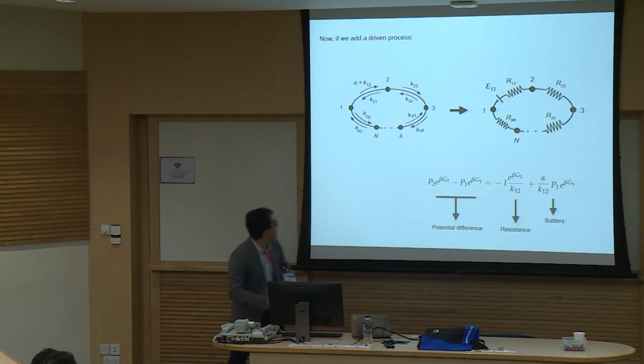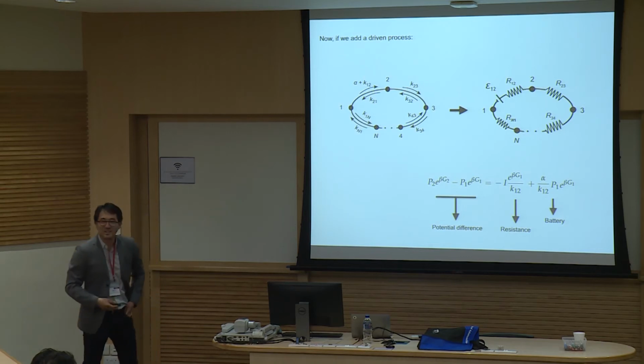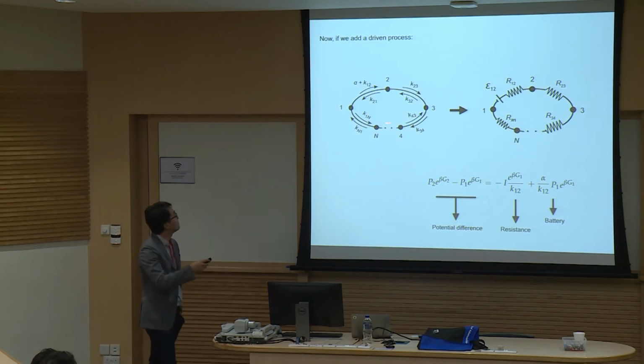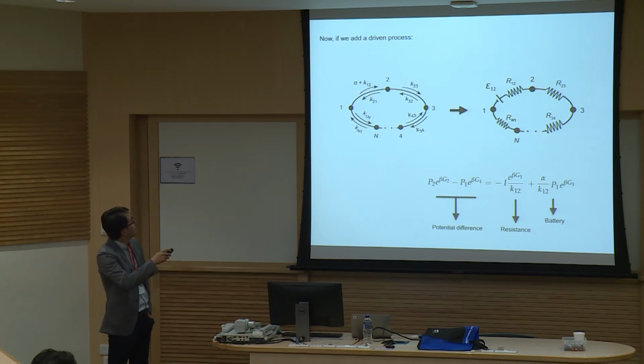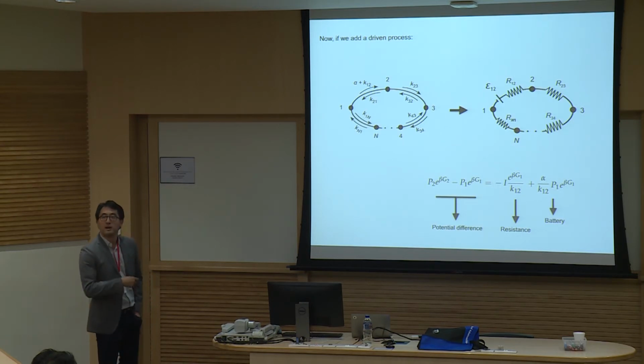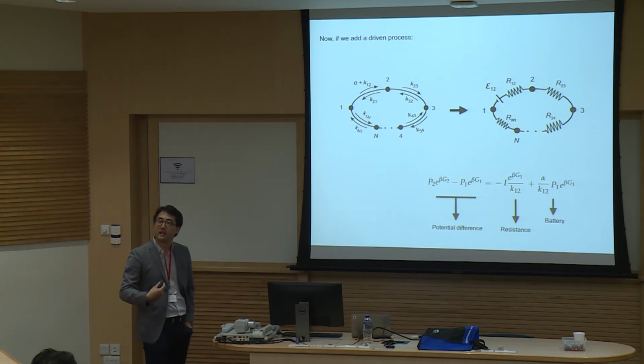Okay, but what makes it interesting is what happens when you now drive your system out of equilibrium. So it's still the same simple system, but now you start with the equilibrium system, and let's say you drive some rate constant with an additional rate constant. That could correspond to this particular step having to do with replenishing a supply of fuel, right?